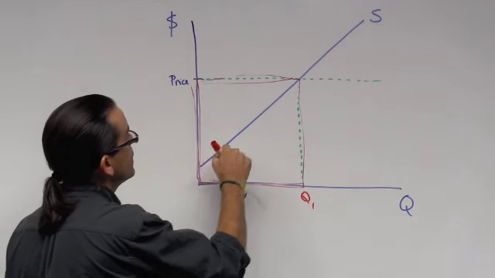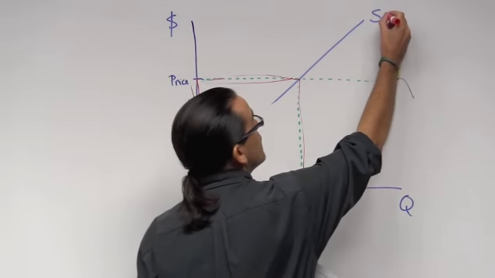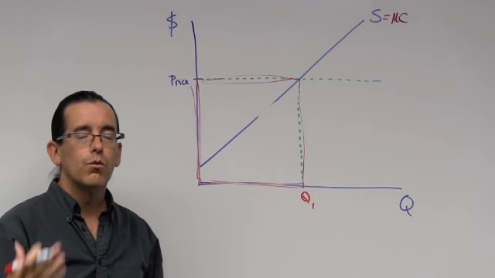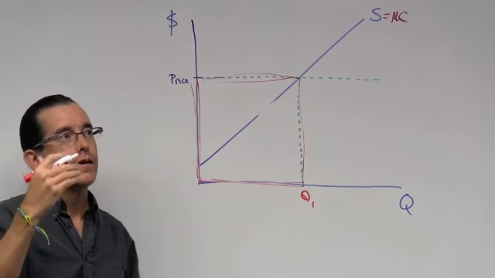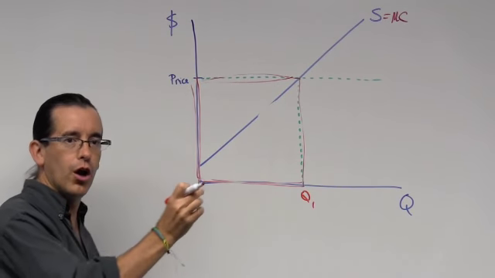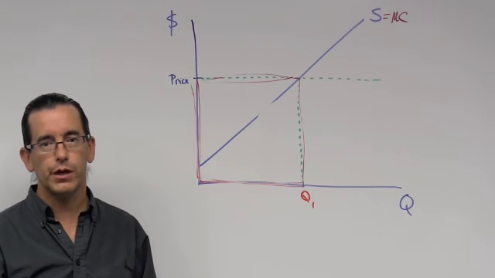If we remember that this supply curve is really the marginal cost for the industry, then, as in the previous video, if we sum all the marginal costs, that will give us the total cost of production.